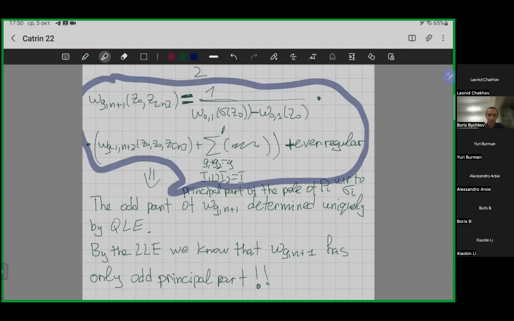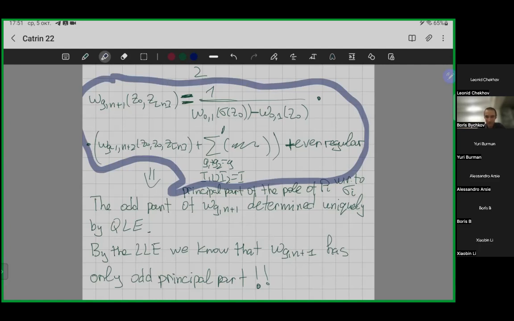And this residue which was there means that we erase this even and regular part. So that's all. We get an algorithm to compute these omega g,n.